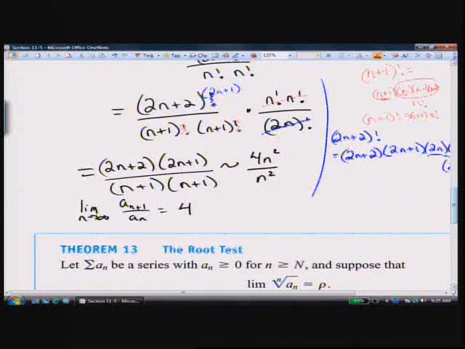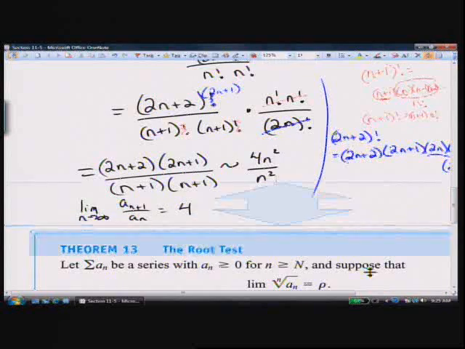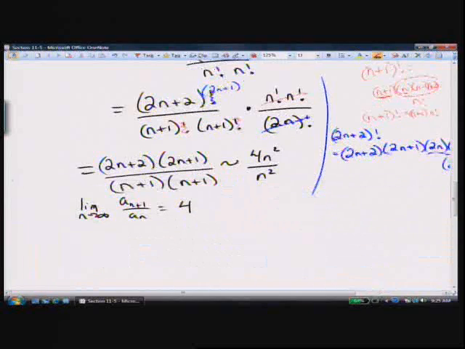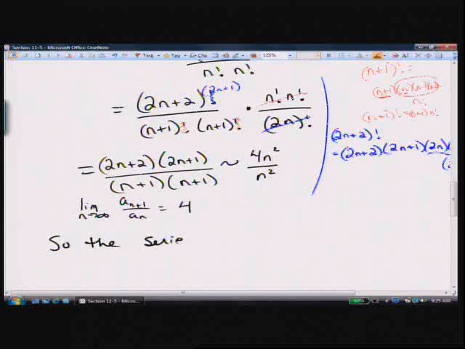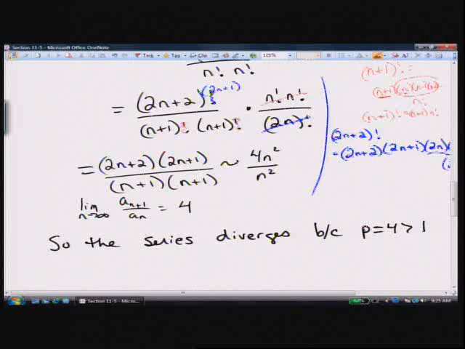So that simplifies to 4. All right, and so what can we do with that now? So the series does what? Diverges, because p is equal to 4, which is greater than 1. Fun?